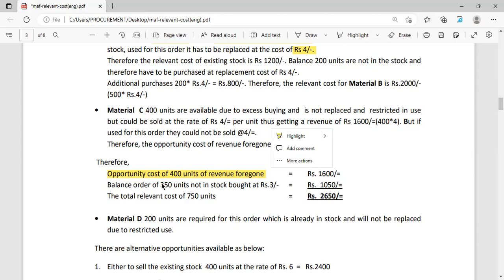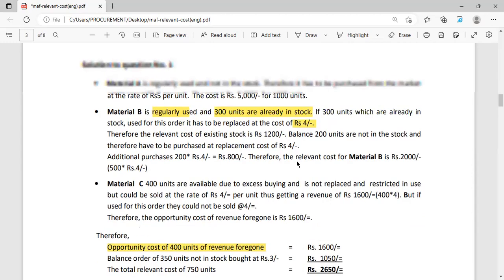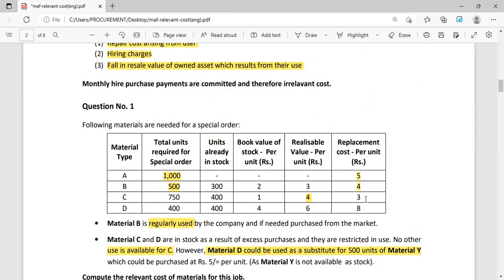Then the balance of 350, which they are going to purchase, which is not in stock, will be bought at 3 naira at replacement value. So that replacement value is like a market price that they can buy that particular stock. So 750 minus 400 will be giving us 350.